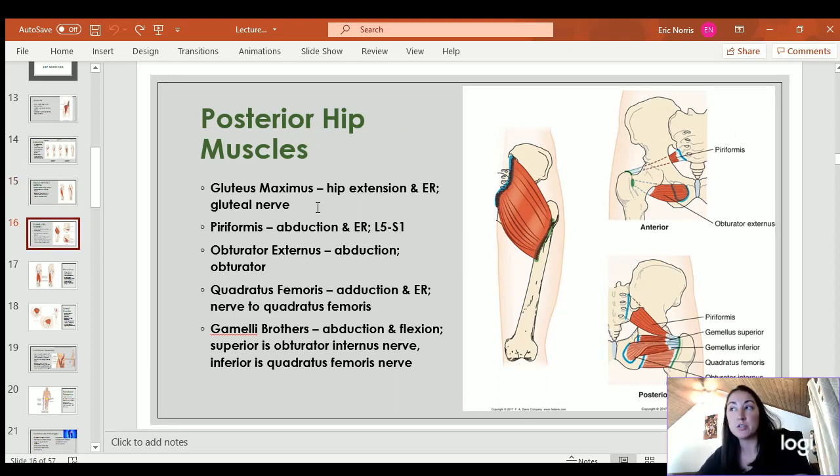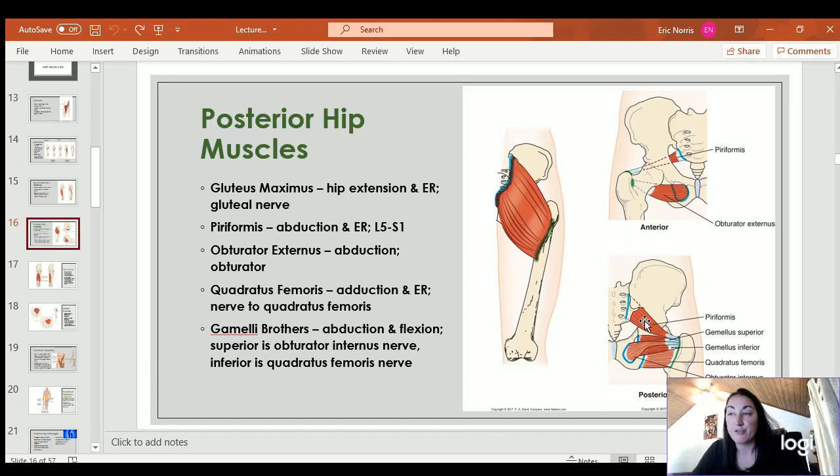With the posterior hip, we have the gluteus maximus. We know that extends and externally rotates the hip, and it is innervated by the gluteal nerve. We also have piriformis. So this is an anterior view. You can see it sneaking through there. And here's the posterior view of the piriformis, which abducts and externally rotates the hip.